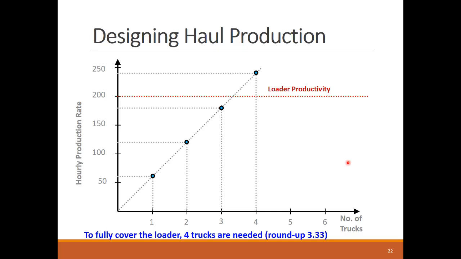As we saw, 1 truck gives 60 cubic meters per hour, 2 trucks gives 120 cubic meters per hour, 3 trucks gives 180 cubic meters per hour, 4 trucks gives 200 cubic meters per hour, and 5 trucks gives 200 cubic meters per hour. So it's a linear productivity increase with the addition of more trucks until we hit the ceiling of the loader productivity of 200 cubic meters per hour.